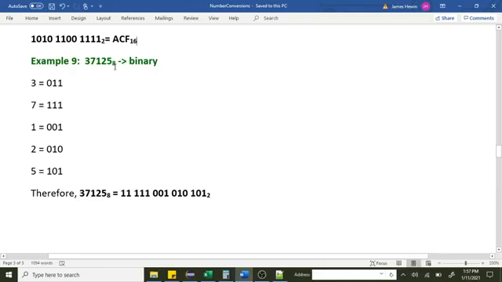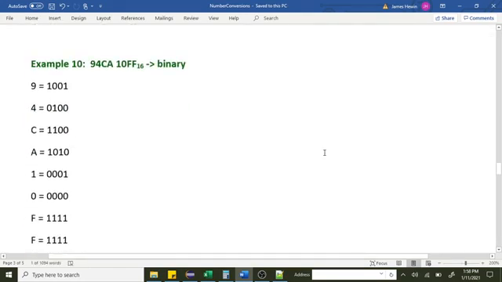This is an octal number, and we just read off: 3 is 011, 7 is 111, 1 is 001, 2 is 010, 5 is 101. We just write it out like that, and I left off the leading 0 here. So this would be 11, 111, 001, 010, 101.